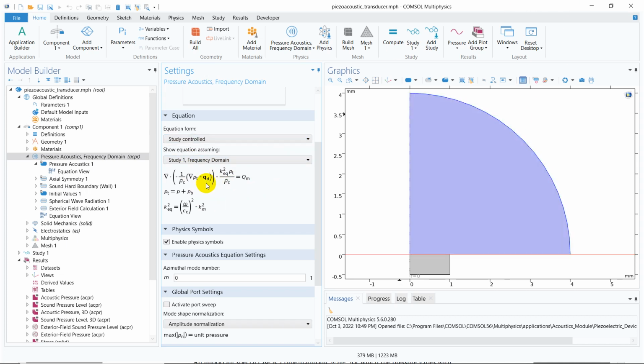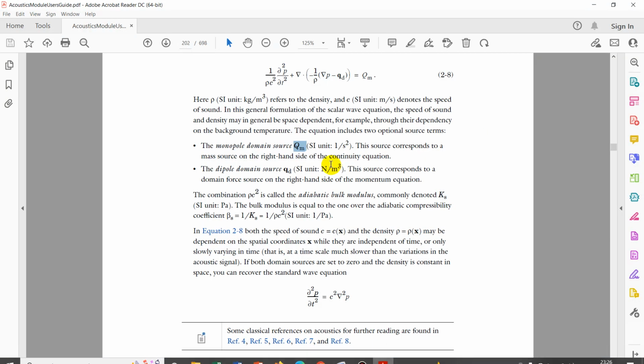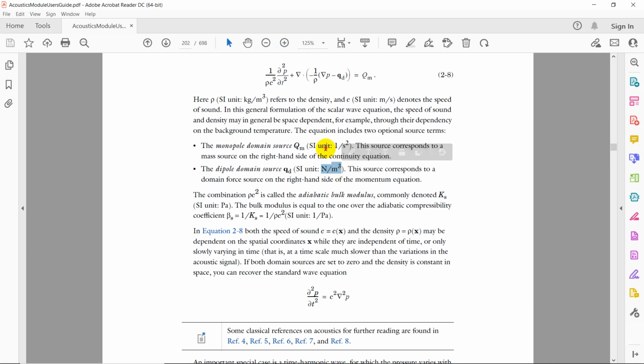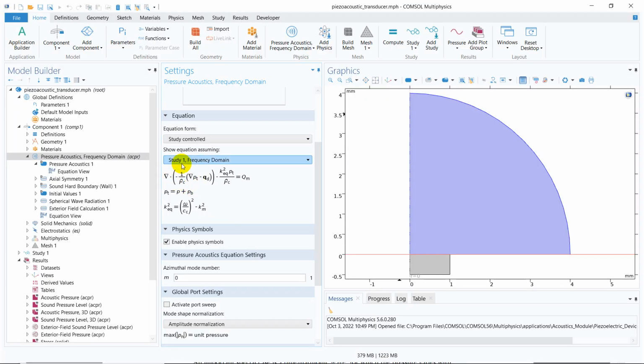If you look at the unit, the unit will be Newton per meter cube. You can see here the units are written. On the right hand side the unit is 1 by second square. So all the terms in this equation have a unit of 1 by second square.